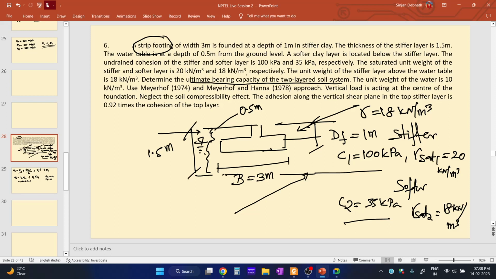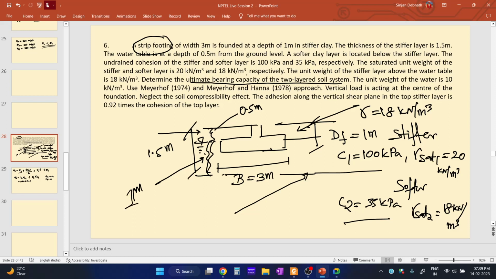Okay, so the total thickness of the top layer is 1.5 meter and the depth of the groundwater table from the ground surface is 0.5 meter. So only this part is 1.5 minus 0.5, so 1 meter.